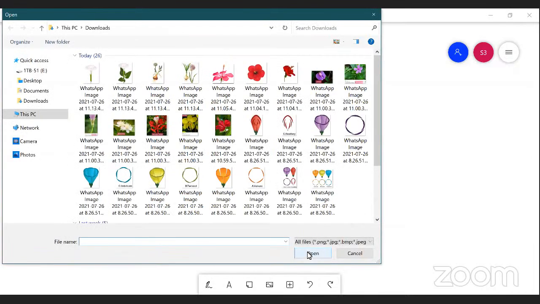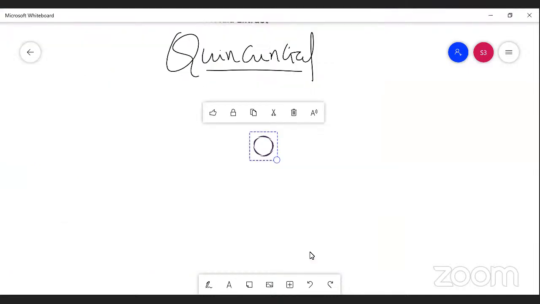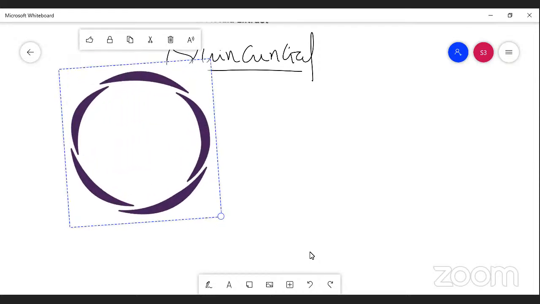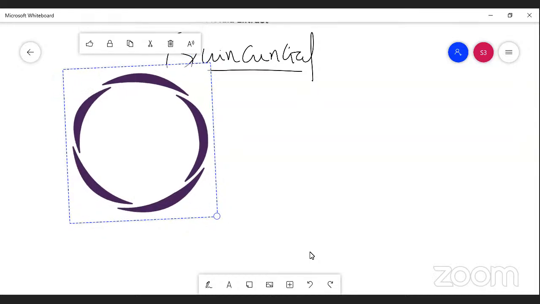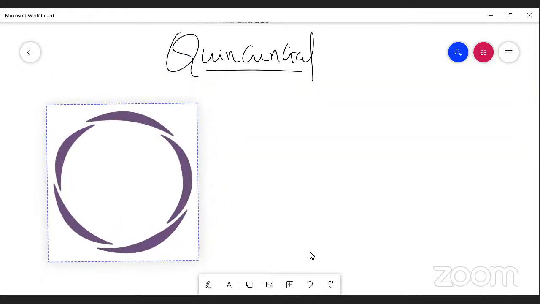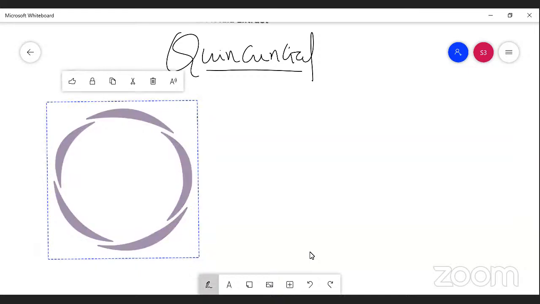Two petals are out there, two petals are totally exterior, and one petal is totally interior. The remaining two petals are both interior and exterior.